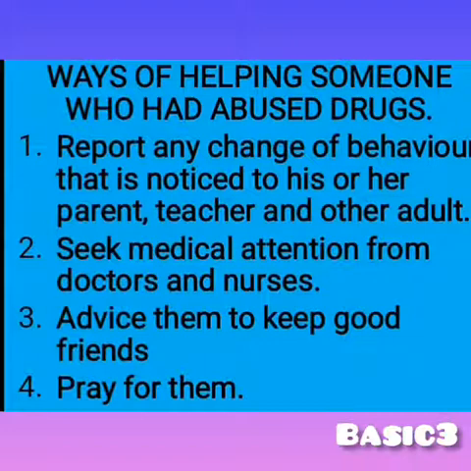Then we also mentioned examples of drugs that can be abused. We mentioned cannabis, cocaine, alcohol, and tobacco. Then we also talked about effects of all these drugs, one after the other. Then we mentioned ways of helping someone who has abused drugs.